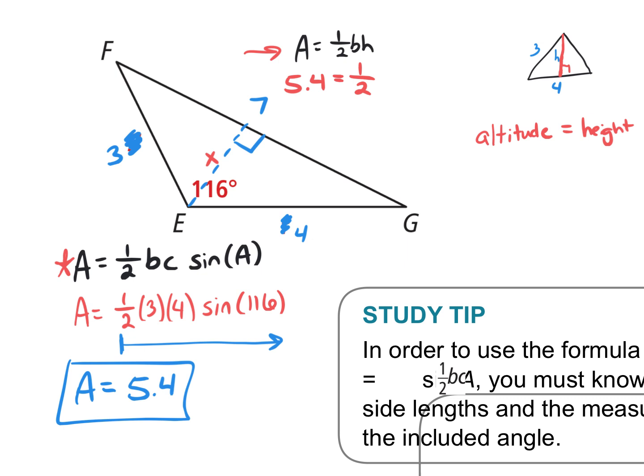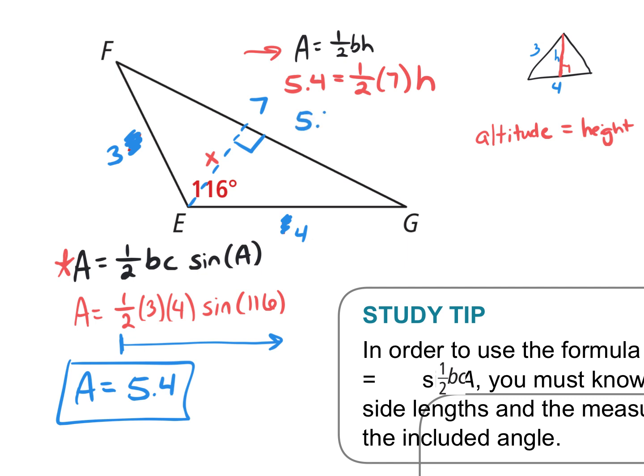This b, what's that stand for in this formula? Base. What's the base? How do I know it's 7 and not 4? It's connected to that right angle. Yep, good. And then I'm looking for the height. This just turned into an algebra problem. What do I do with these two numbers right here?